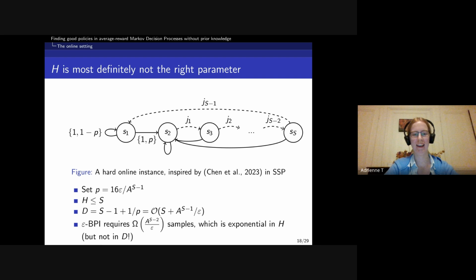with no rewards. And so here, in the generative setting, well, it's not that hard. You just have to look at all the states to find the good actions to take. But in the online setting, well, when you start in S1, you have to do a lot of steps to hopefully land at some point in S2 to learn the right sequence. And if you don't get to S2, then you don't learn the right sequence.